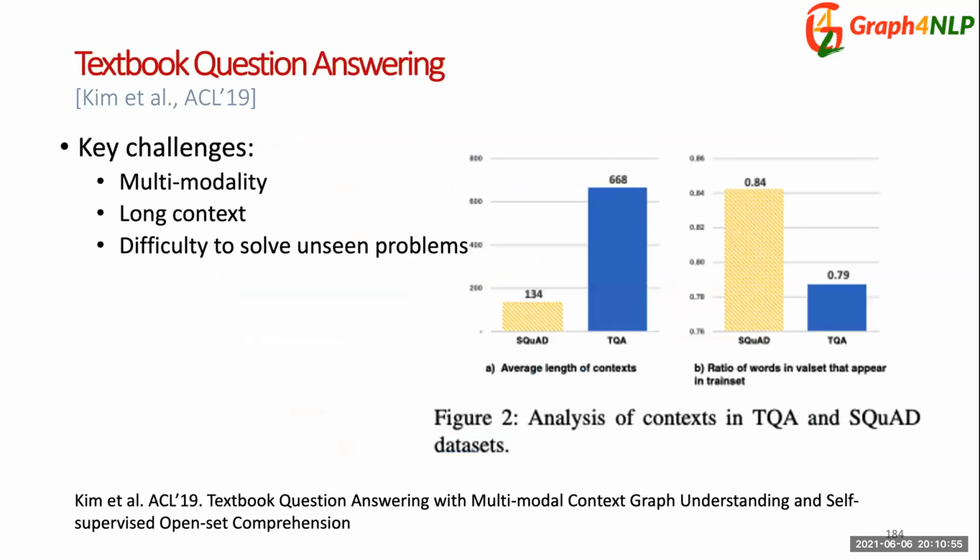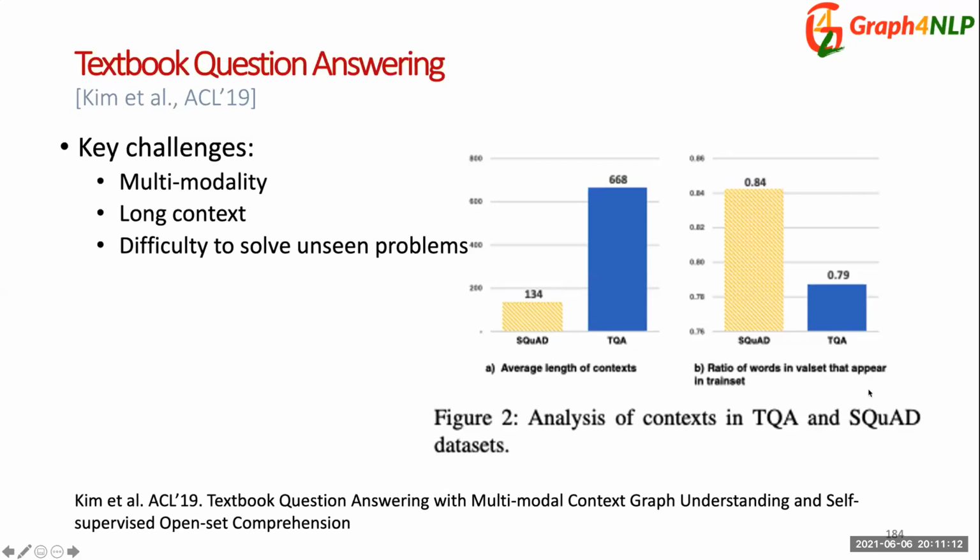Yeah, so the key challenges are what I just described, and you can see the difference here. The average length of context in this particular task is much larger than in a typical machine reading comprehension test.